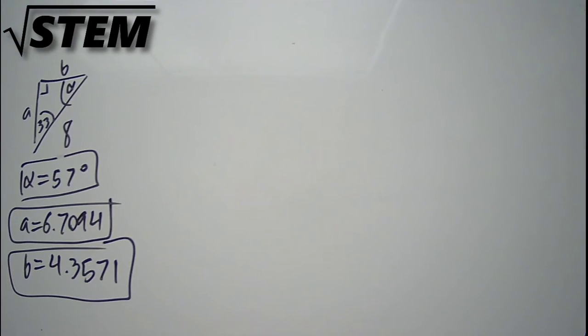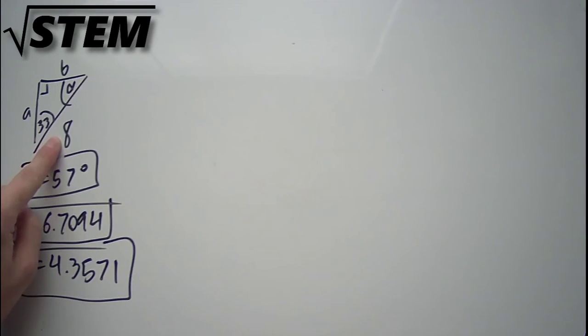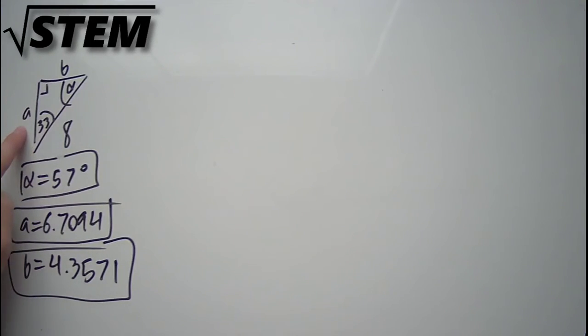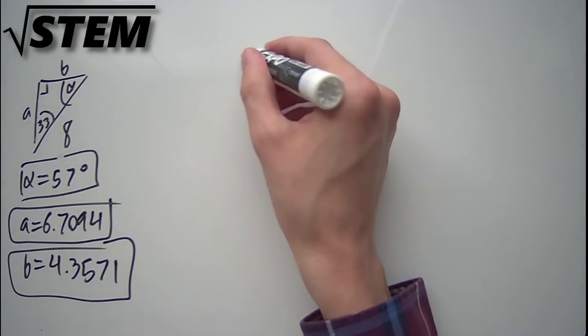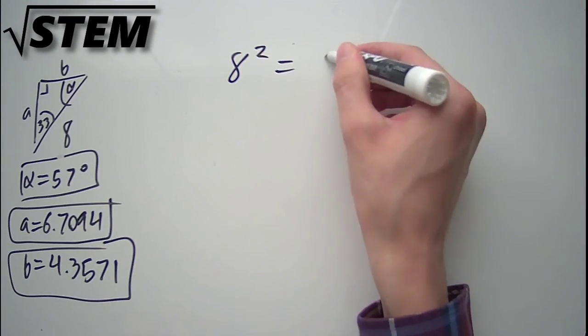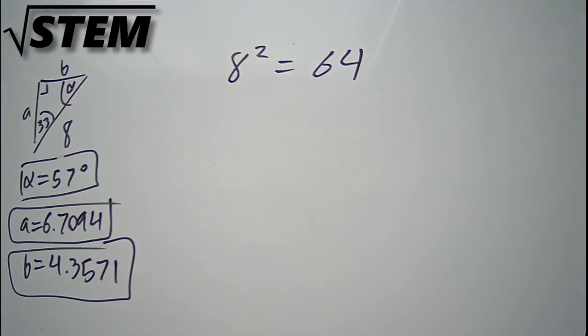Alright, now let's double check that we did all of this right using the Pythagorean Theorem. Remember, that says that the square of the hypotenuse is equal to the sum of the two sides each squared. So that would mean that 8 squared, which is 64 if you know your squares, should be equal to a squared plus b squared.